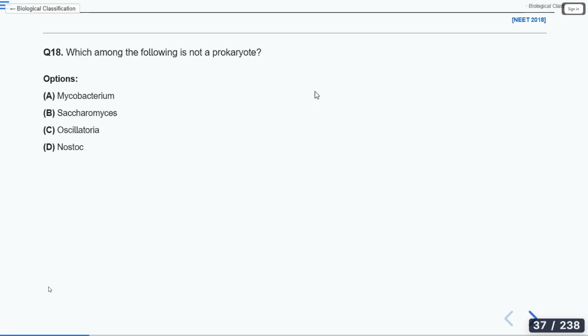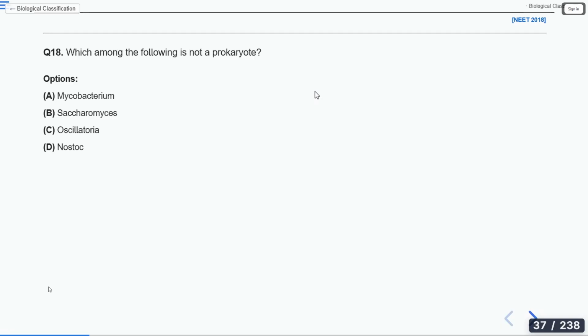So ciliates differ from protozoans because they have two types of nucleus, a macronucleus and a micronucleus. The protozoans have only one type of nucleus. So this is how ciliates differ from protozoans. That's the major difference.